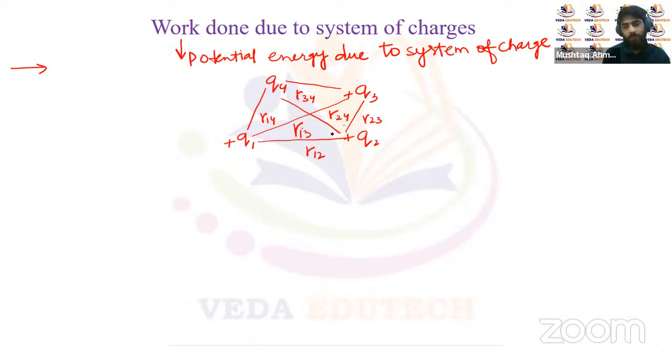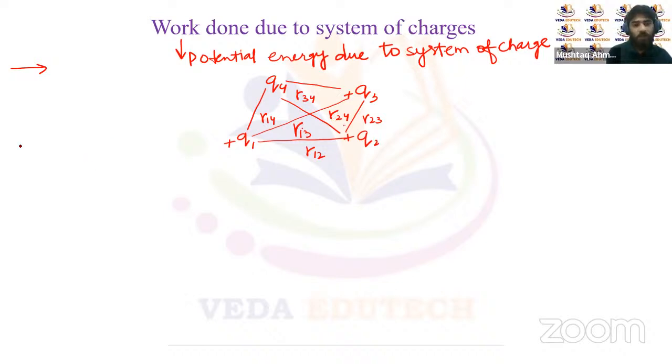So the potential energy of the system will be the potential energy due to Q1, Q2, plus that due to Q2, Q3, Q3, Q4, Q4 and Q1, Q1 and Q3, and Q2 and Q4.